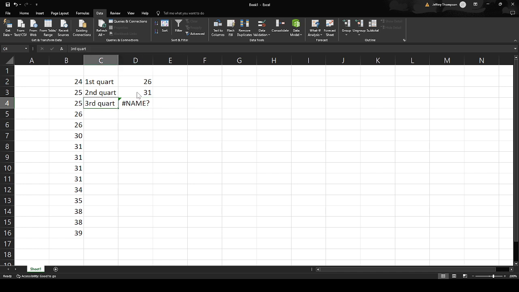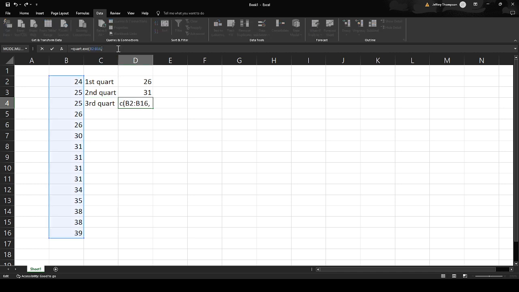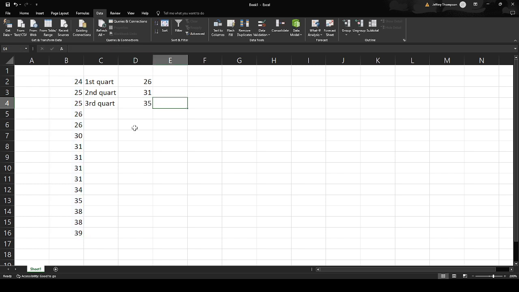Did I type something wrong in here? Let me retype this in. Oh yeah, I didn't type the word quartile, and I just typed quart. B2 to B16, comma 3. And now I have the boundaries of the 3 quartiles, the inside boundaries of the quartiles themselves.